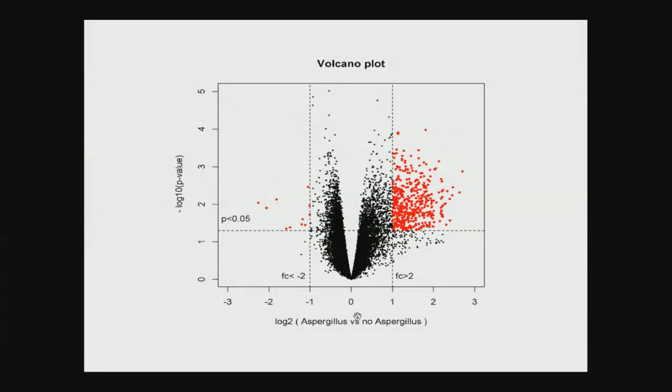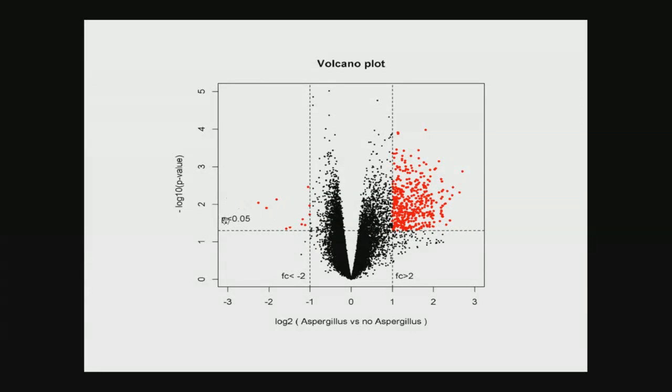Upregulated, that's with respect to Aspergillus versus none. And this is the downregulated gene because it comes with a negative fold change. And here is just a raw p-value because I didn't find anything significant with adjusted p-value.